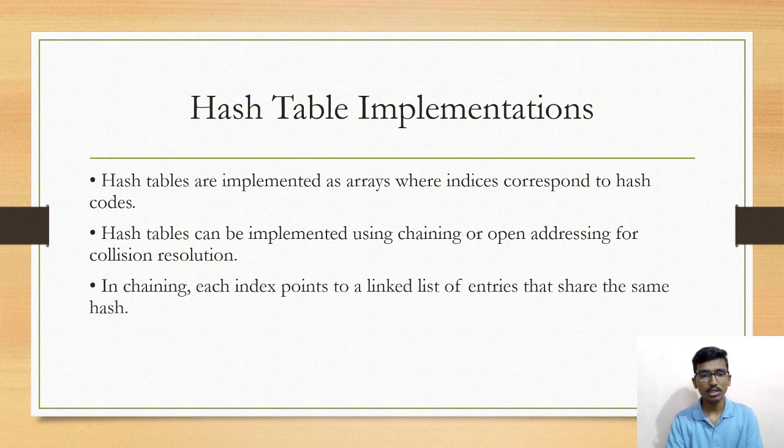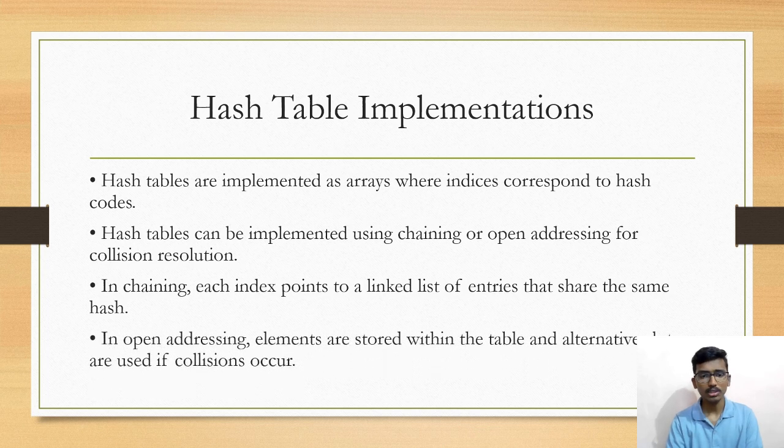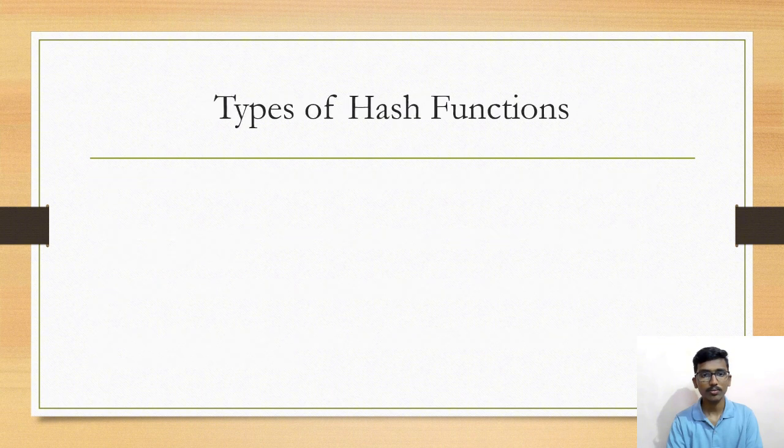In chaining, each index points to a linked list of entries that share the same hash. In open addressing, elements are stored within the table. Alternatives are used if collisions occur.